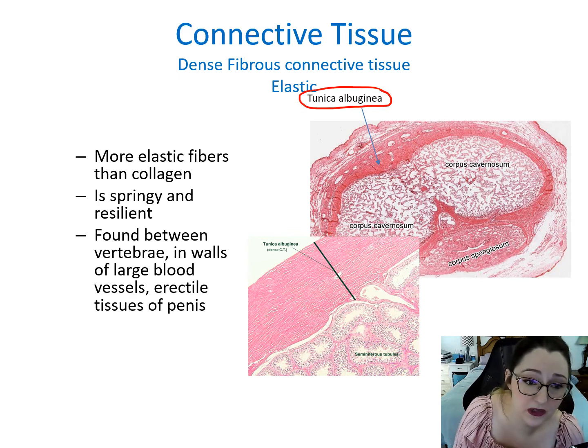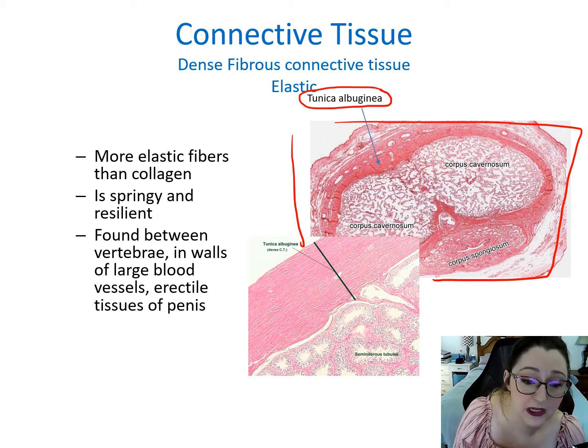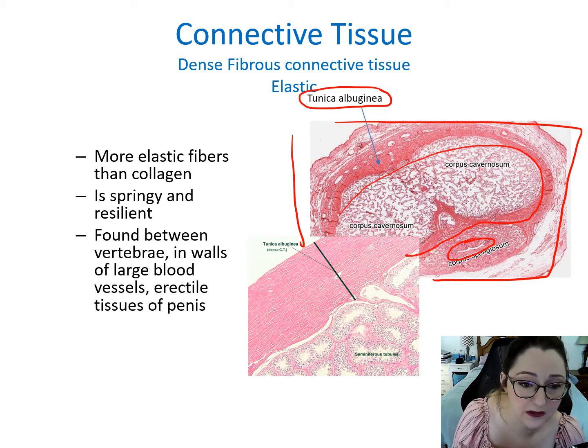So if we're looking at this structure right here, what we are looking at is a cross-section of a penis. So this is going to be the urethra, so the opening of the penis, and then the erectile tissue is going to be surrounding all of this.